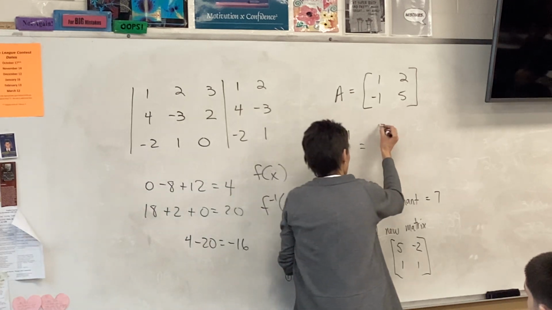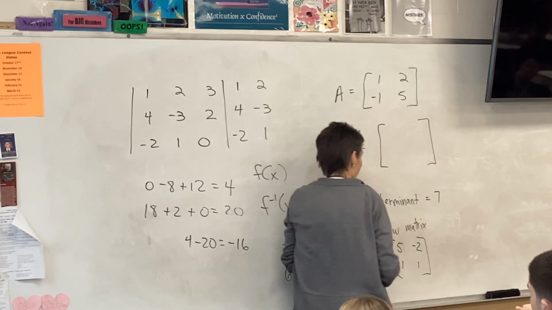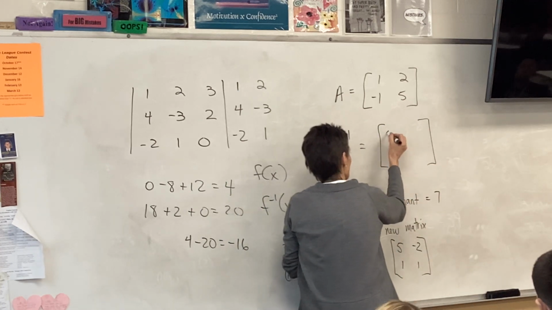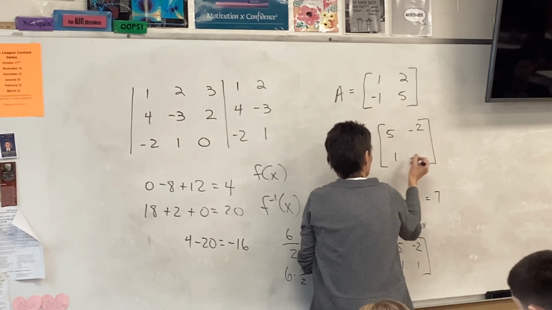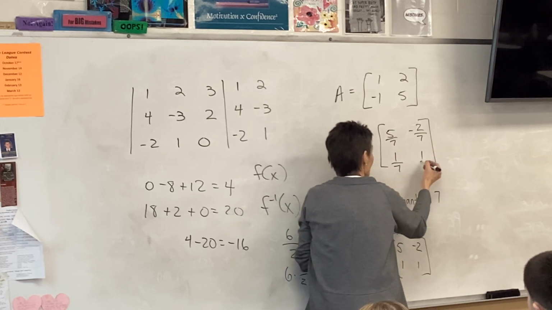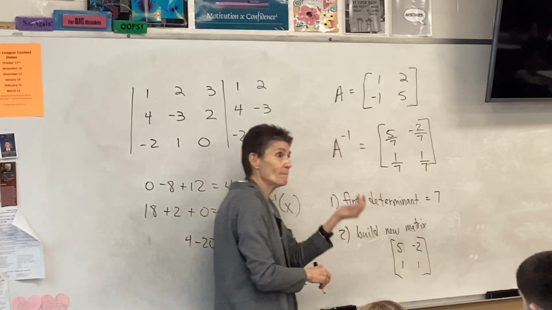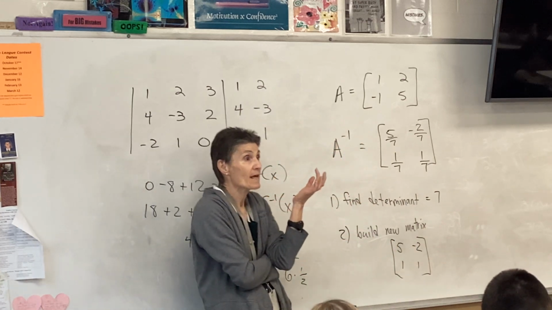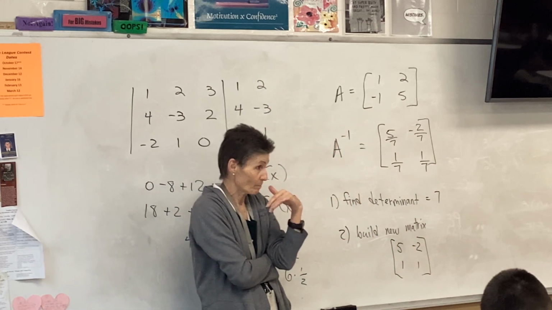Your inverse will be that matrix with each number divided by 7. Now, why am I dividing by 7? Because that was the determinant.